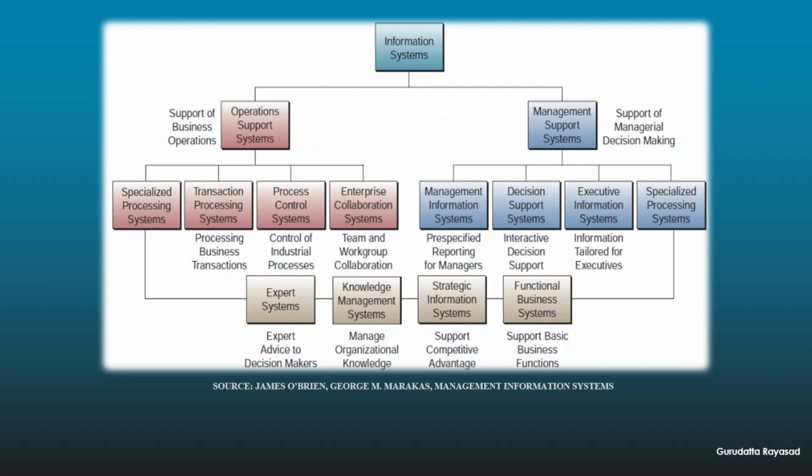So just to look at this reference. Transaction processing systems are mainly used to process business transactions, and process control systems are very popular in the control of industrial processes, especially in the production process or any other important activity going on.